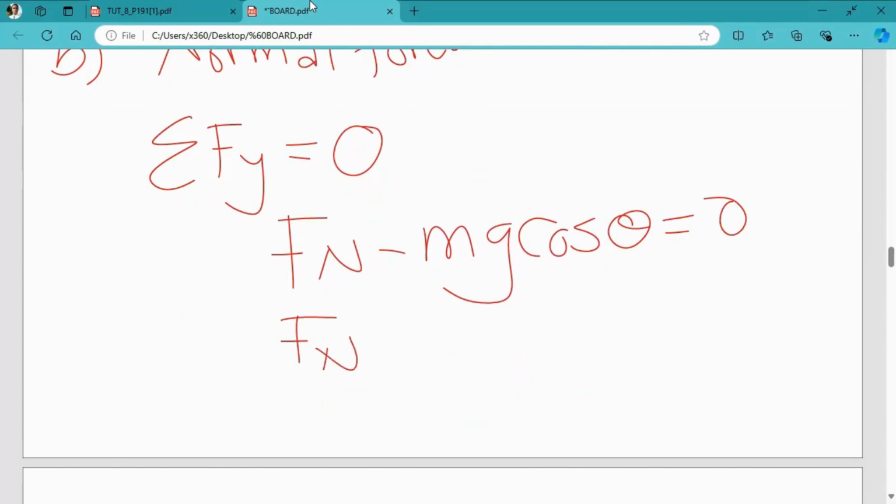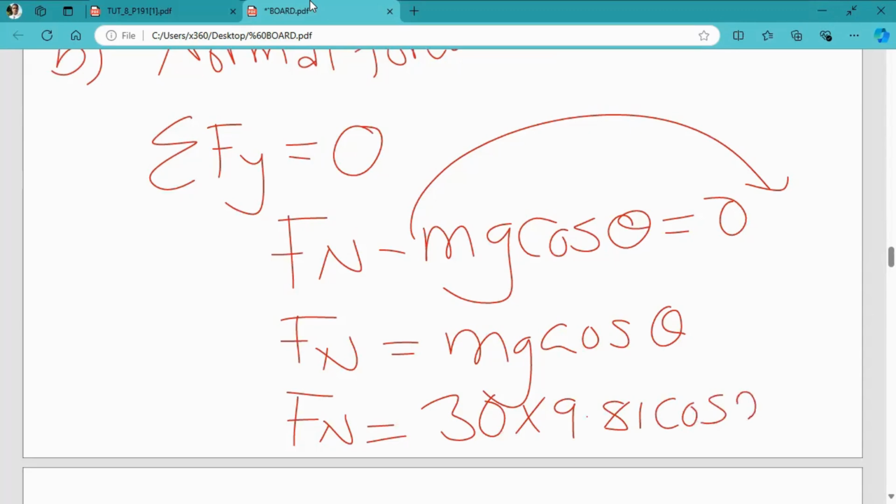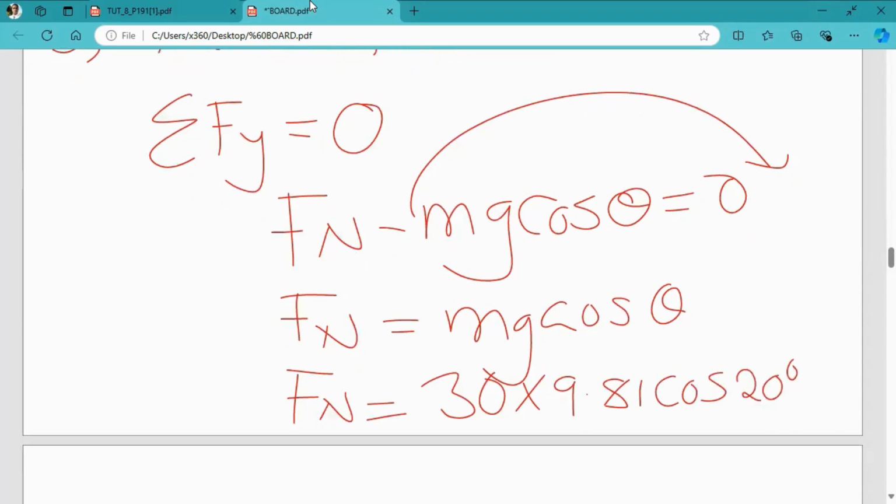So Fn, I'll take this to the other side, will be equal to mg cos theta. That means our Fn will be equal to, what is the mass of our object? They've given us the mass, 30 kilograms. 30 multiplied by 9.81 cos 20 degrees.